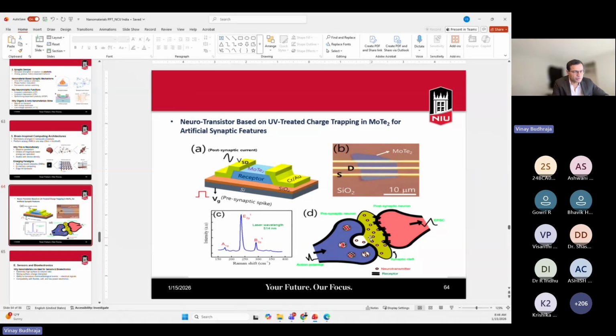Because it computes in that manner, that's why the name neuromorphic computing is given. This area is new and needs to be explored further. It may be new for many of you, but it is worth moving into because this is the coming future.